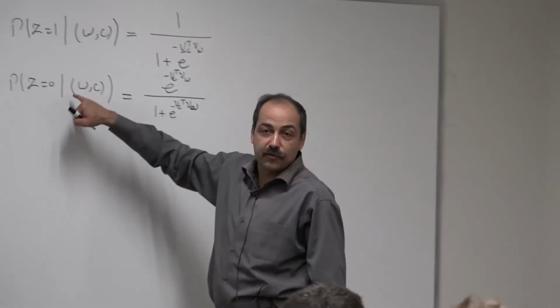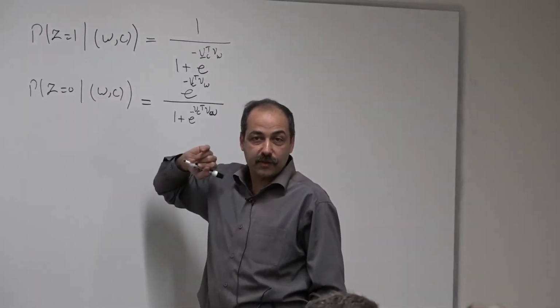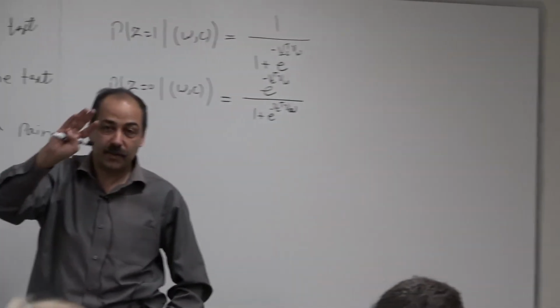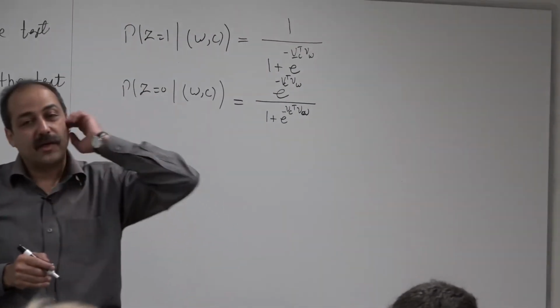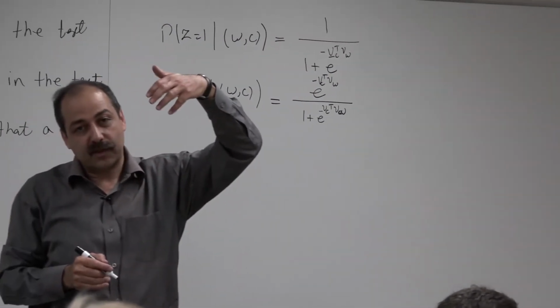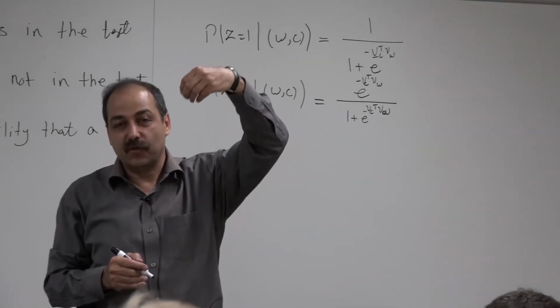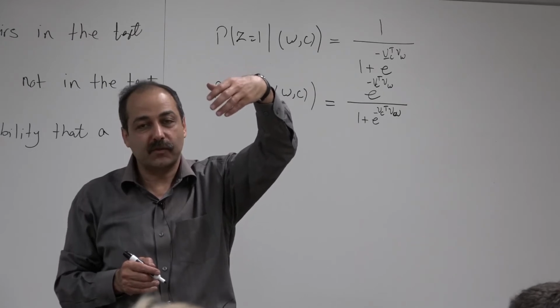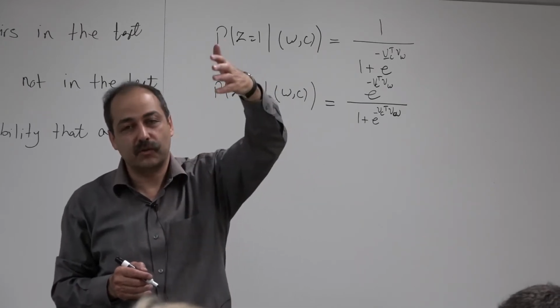What's VC and VW? Vector representation of word W and vector representation of word C. So I have a pair that is in the corpus, and I have a pair that's not in the corpus. When I train my classifier, I need to represent this word somehow. I represent this word with a vector which is unknown to me at the moment.